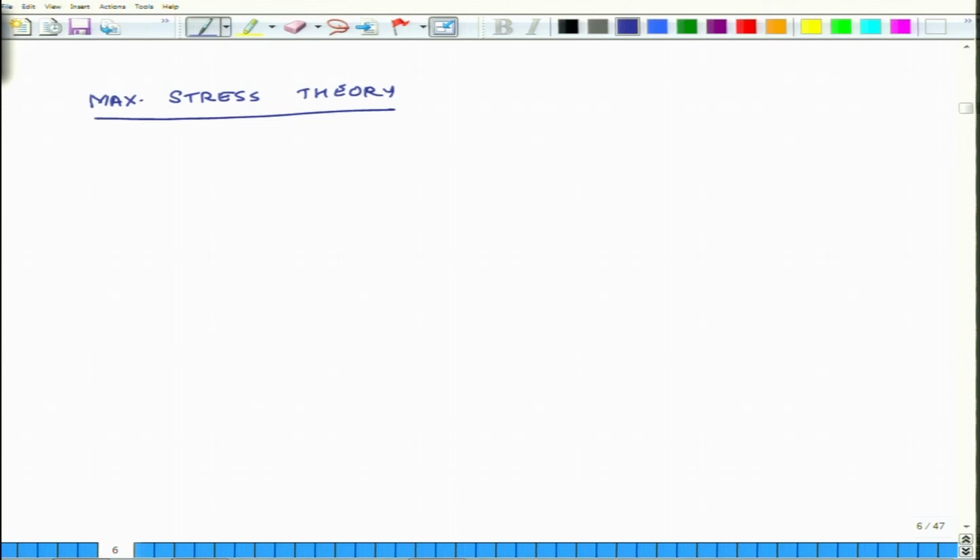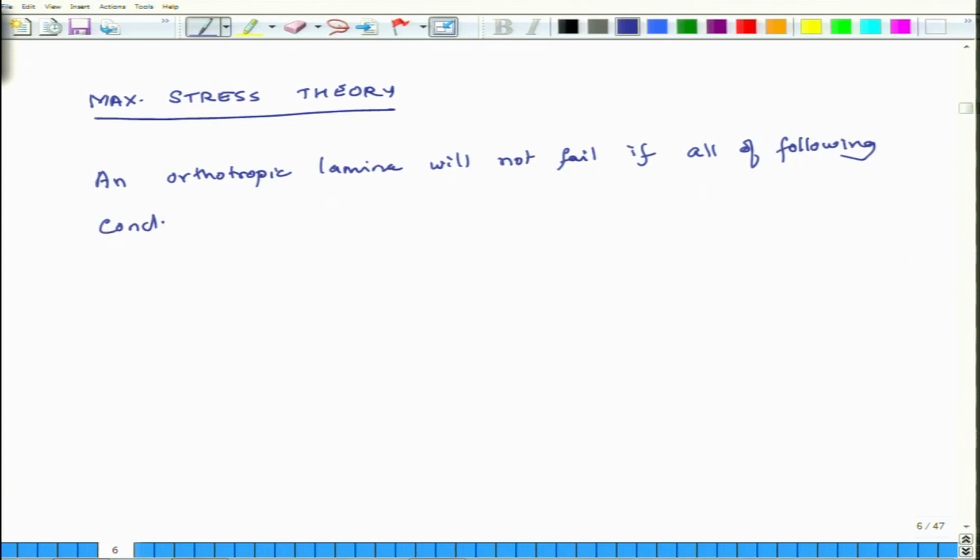So, what does it say? It says that a composite orthotropic lamina will not fail if all of the following conditions are satisfied.